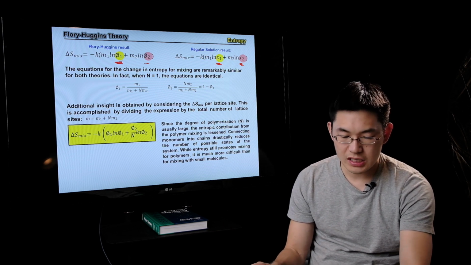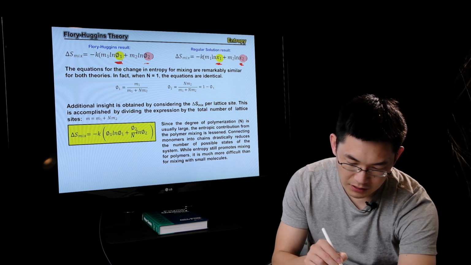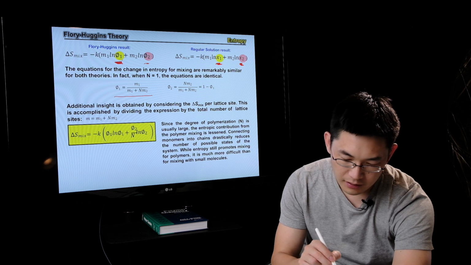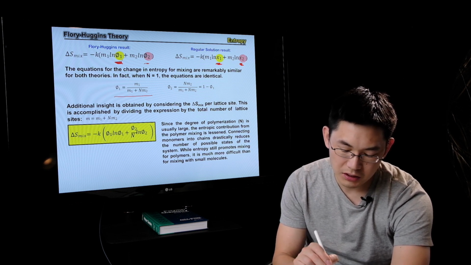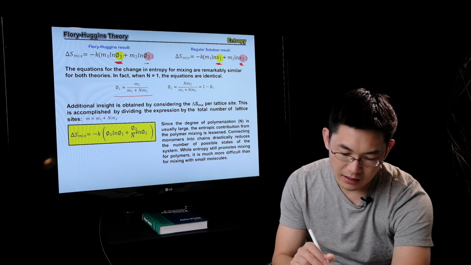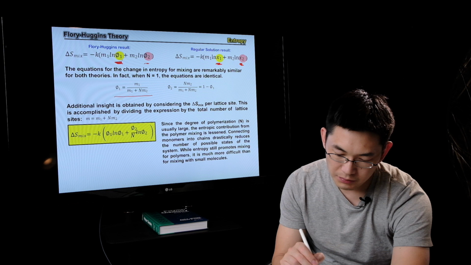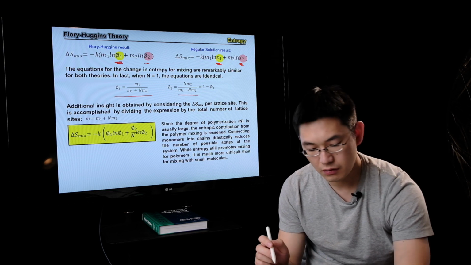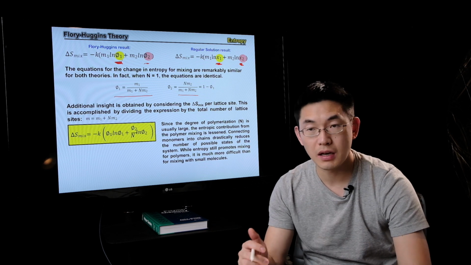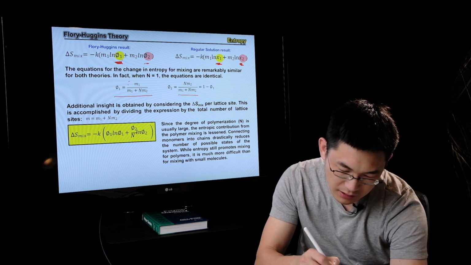The only difference is now that the phi terms will be dependent on n. phi 1 is for a small molecule and will be equal to 1 times this term, and phi 2 will be n2 multiplied by n divided by n1 plus n n2. This is the same way we have discussed previously, but pay attention to that.